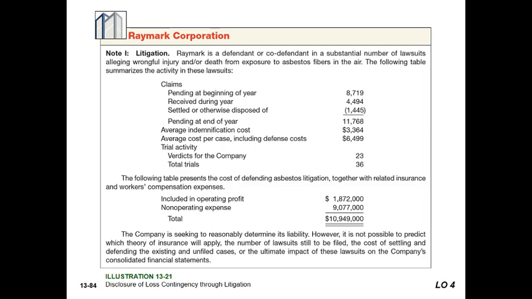Here, the company is seeking to reasonably determine the liability currently, but they can't predict which theory will apply, and the number of lawsuits that are still to be filed. This happens a lot of times, especially when something large has happened, that there's a degree of uncertainty on how many of your consumers or customers might actually eventually file.